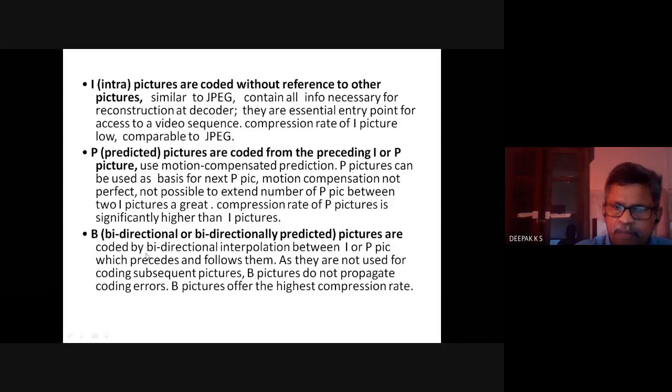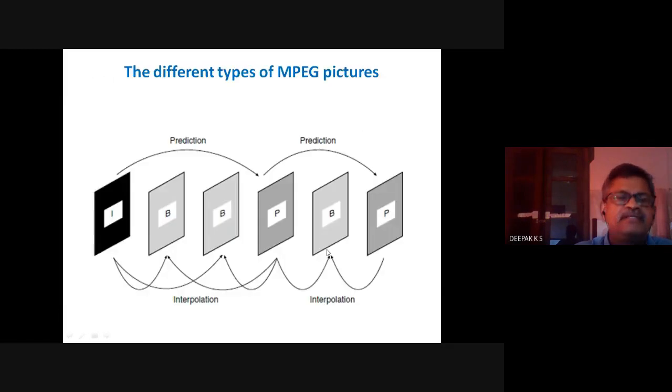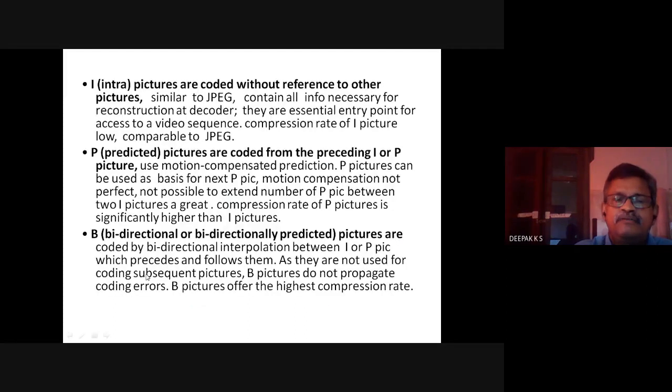They are coded by bidirectional interpolation between I or P pictures, either from an I or a P picture which precedes and follows them. As they are not used for coding subsequent pictures, B pictures do not propagate coding errors. B pictures offer the highest compression rate. So such type of picture has a maximum compression rate.